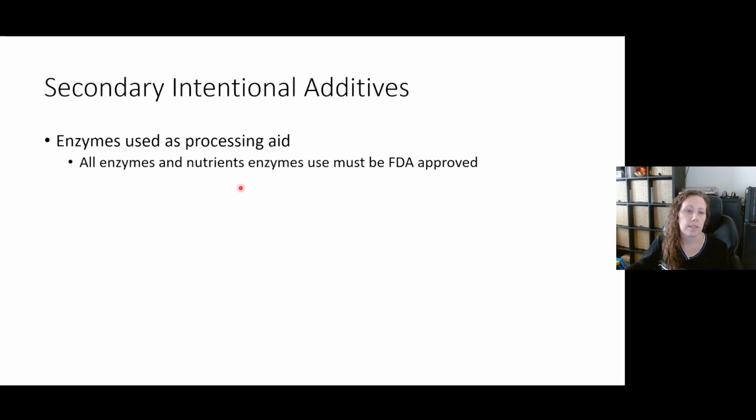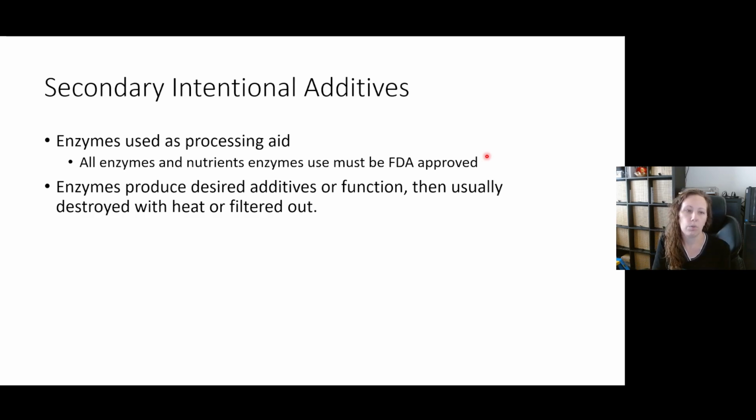So enzymes can be used as processing aids. They have to be FDA approved, okay? And also whatever you add to the product that the enzymes are going to utilize to produce their byproduct must also be FDA approved.